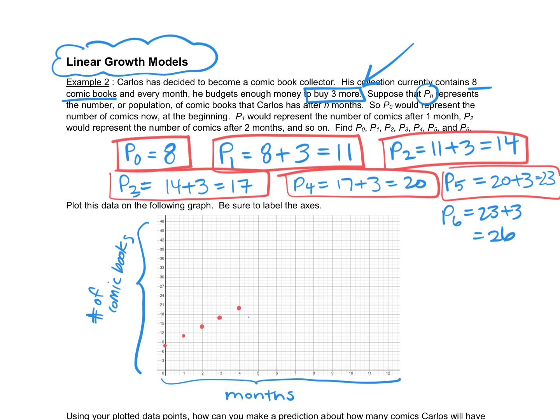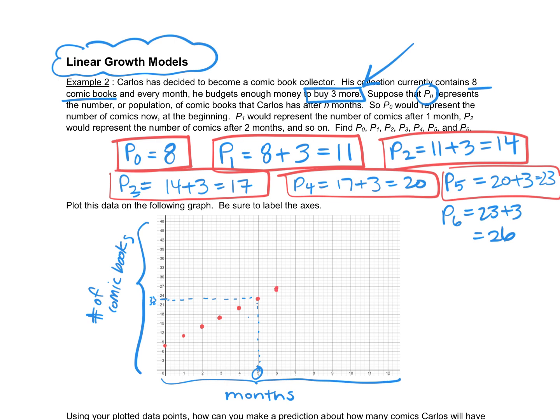At month 5, 3 more than that. Remember how we're graphing: you're looking horizontally at the number of books, and down at the month. So at month 5, it goes 21, 22, 23, then 24. So it's right there. Continuing on, at month 6, we're at 26.